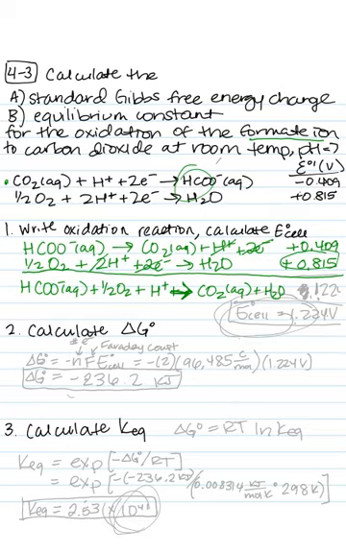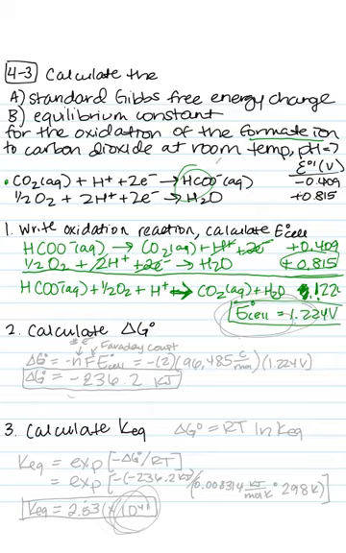We can therefore sum these midpoint potentials for a final of 1.224 volts. So E cell is 1.224 volts.